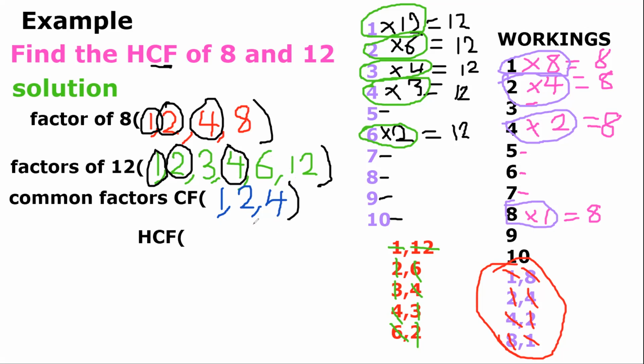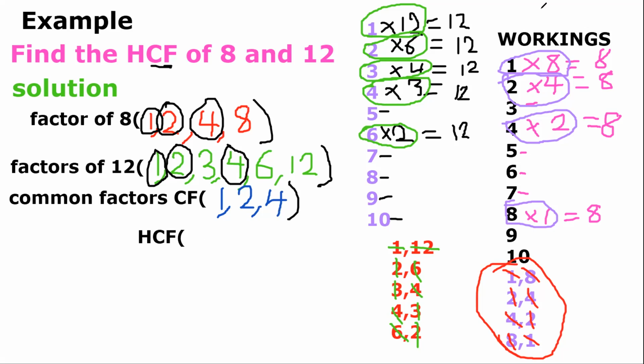So these are the numbers that can be found in the factors of 8 and at the same time can be found in the factors of 12. So let's see the highest in the common factors. The highest common factor means the highest or the bigger number that can be found in the common factors. Okay, so the common factors are 1, 2, and 4.